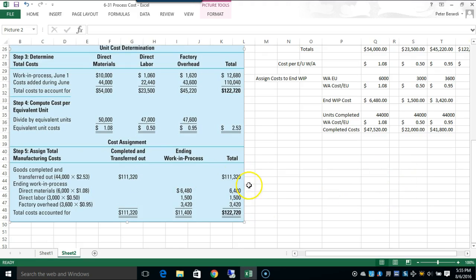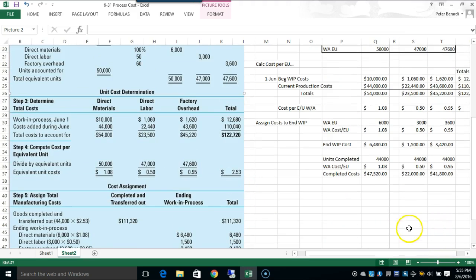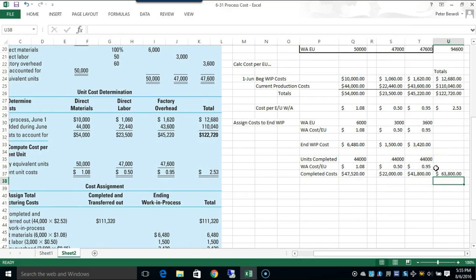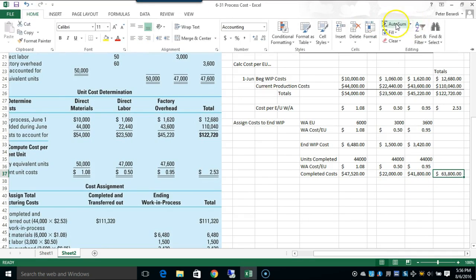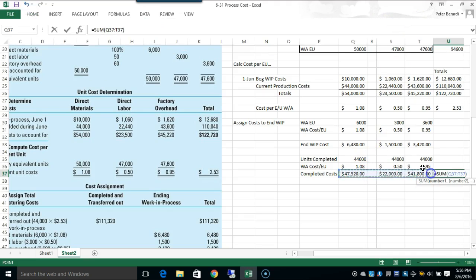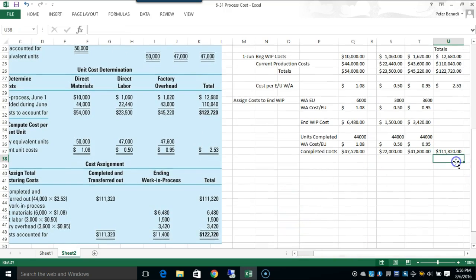Which they probably have as 111,250, but I like to spread it out. Perfect.